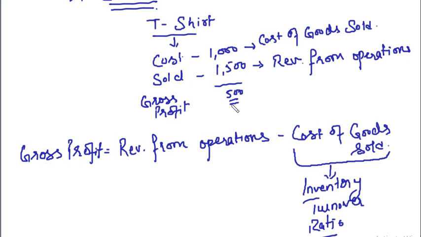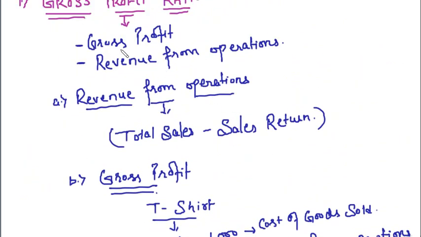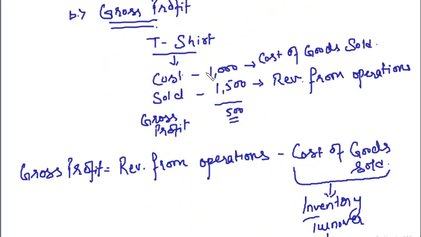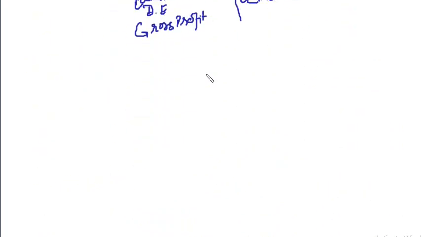Clear? So the two elements here are gross profit and the revenue from operations. Revenue from operations is whatever you have earned in totality, whatever you have earned by selling your product. Right? And okay, we'll move further first.